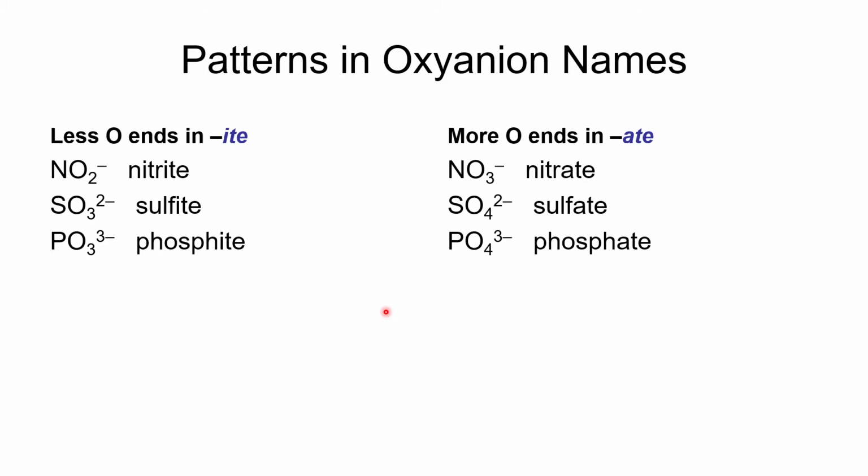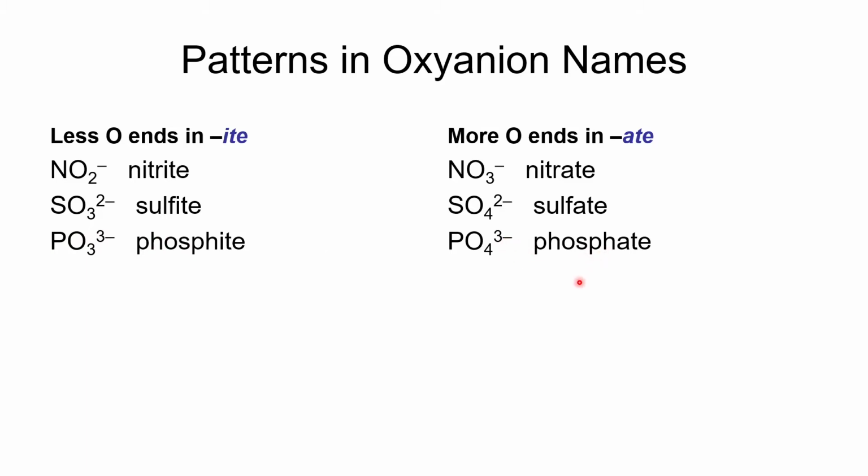Whichever one has the fewer number of oxygens ends in "ite." The one with the greater number of oxygens ends in "ate." So NO2- is nitrite, NO3- is nitrate. SO3 2- is sulfite, whereas SO4 2- is sulfate. For PO3 3-, that's phosphite, and PO4 3- is phosphate.